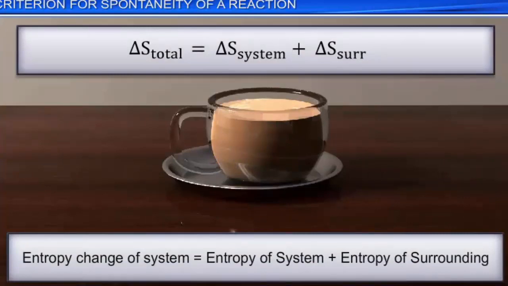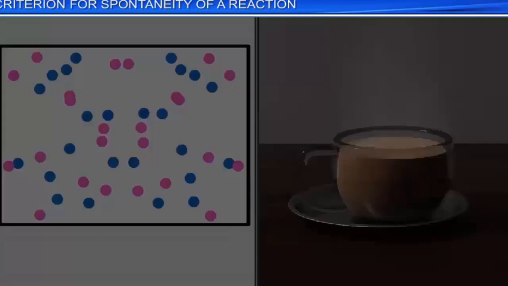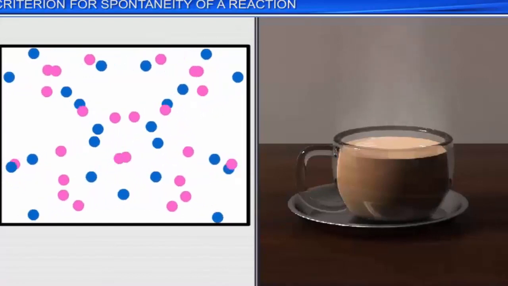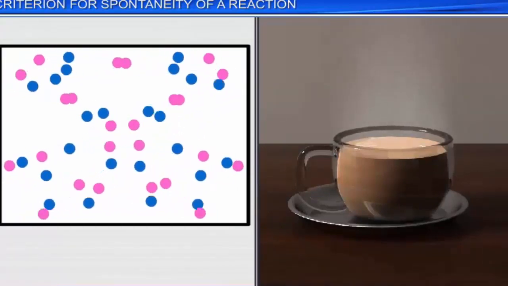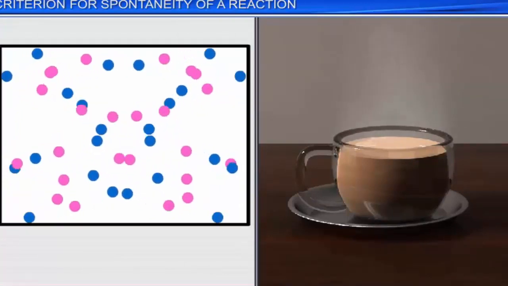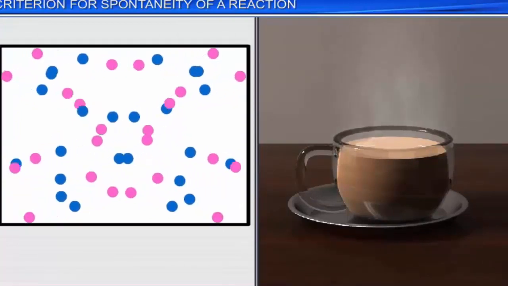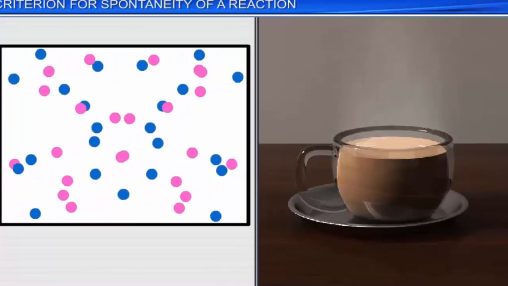Note that in both examples, the randomness or entropy keeps increasing until an equilibrium is reached. That is, the mixing of gases continues till a uniform mixture is formed and the tea will lose heat till it attains room temperature.